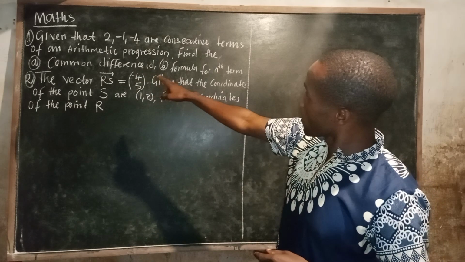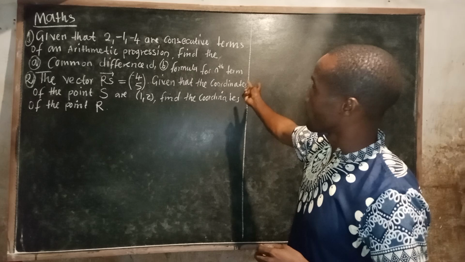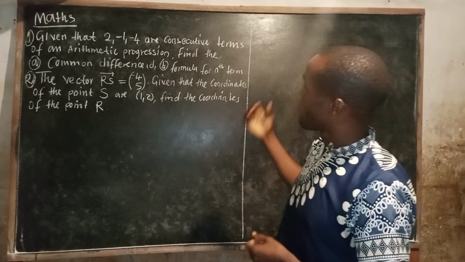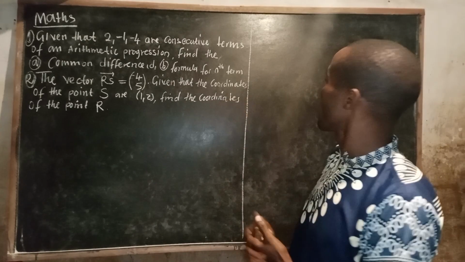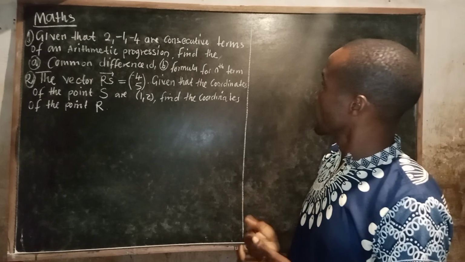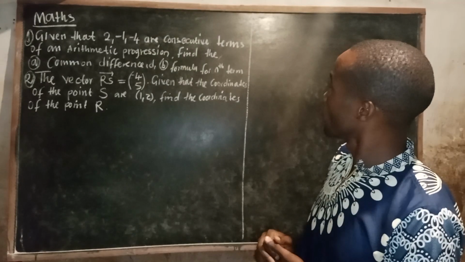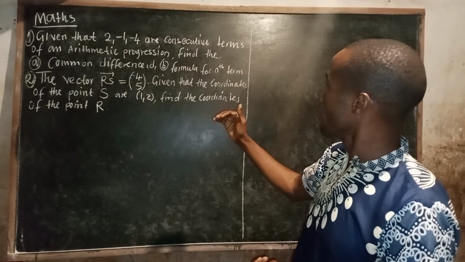Question 1: given that 2, negative 1, negative 4 are consecutive terms of an arithmetic progression, find A, the common difference, and B, the formula for the nth term. Then question 2: the vector RS, with the vector arrow on top of R S, equals (negative 4, 5).